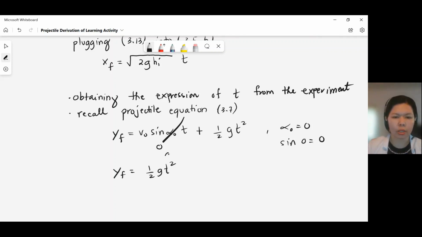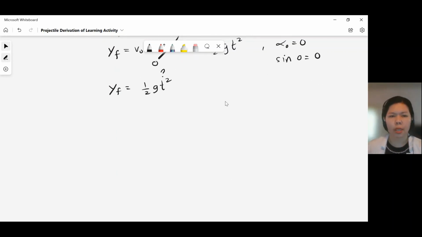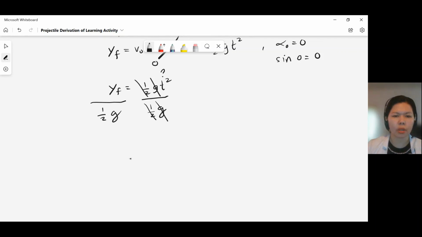What we want here is the expression for the time. Divide the entire equation by 1/2 g. 1/2 divided by 1/2, that's 1. g over g, that's 1. So we are left with t squared equals YF over 1/2 g.